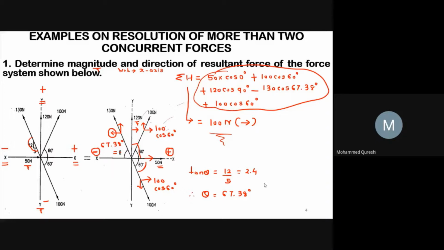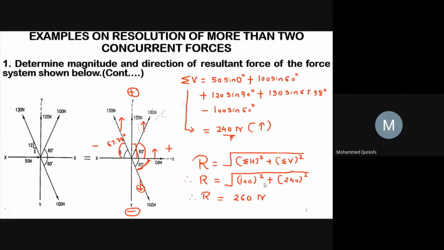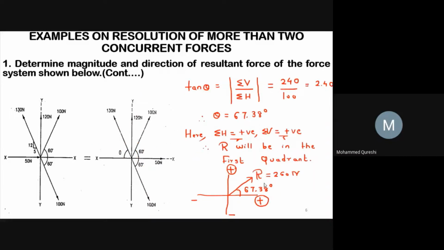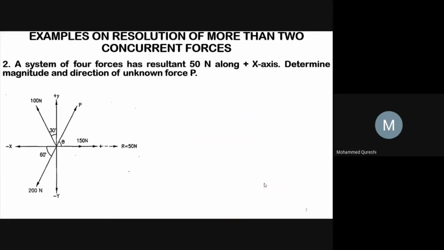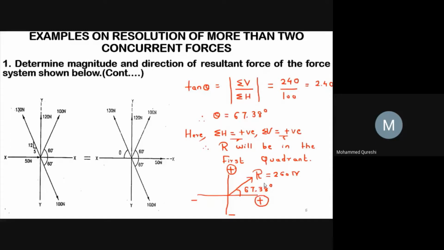Then you have to just put the values of sigma h and sigma v for finding the value of resultant, equation capital R equals under root of sigma h square plus sigma v square. And then you have to calculate the direction by using the equation tan theta equals sigma v by sigma h. And lastly, you have to just show in which quadrant the resultant lies.